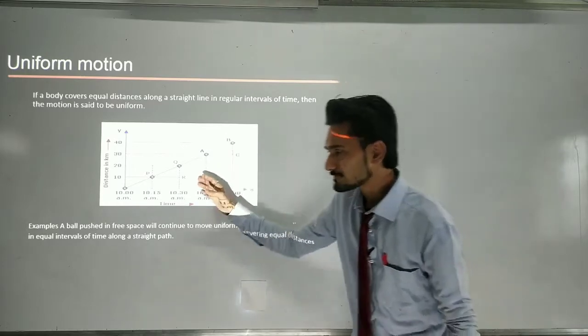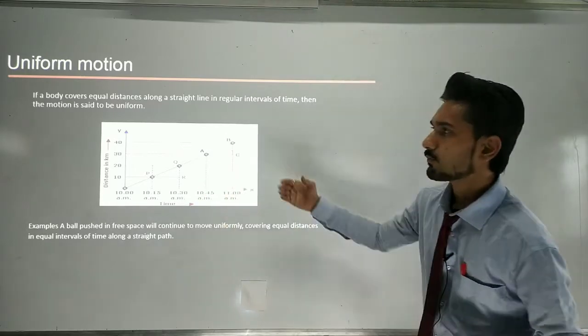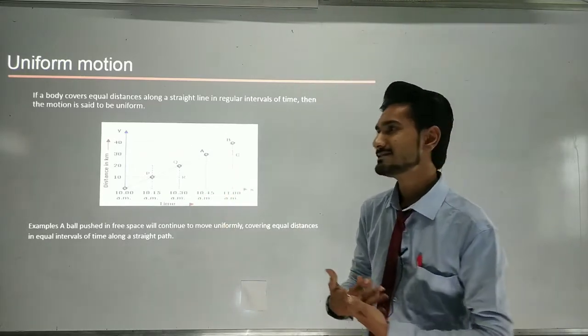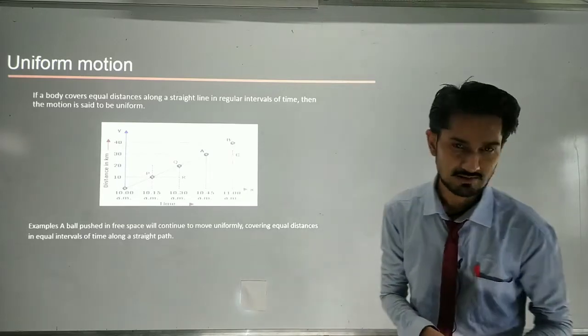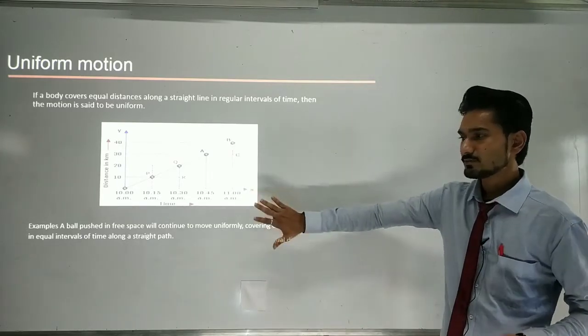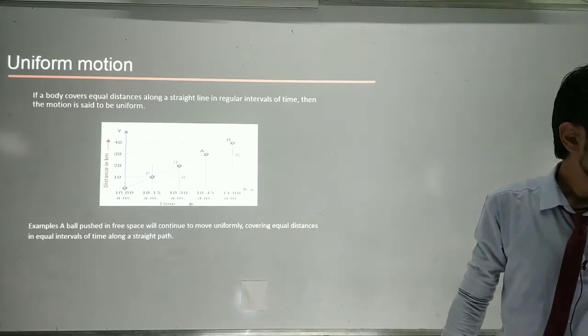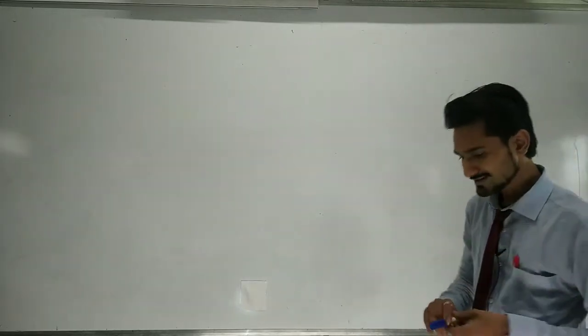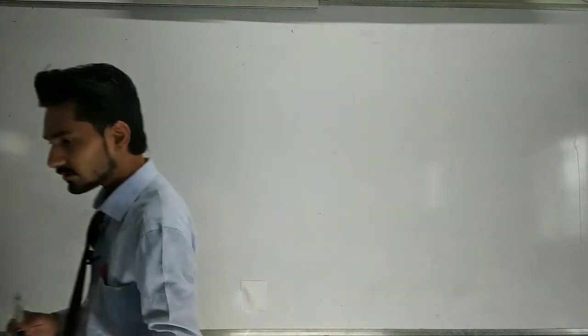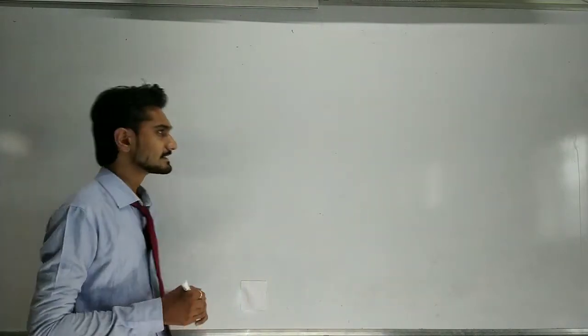These graphs show us what happens when a body travels in uniform motion. If the graph is not visible to you, I am explaining it. Here you can see the distance-time graph for the uniform motion.